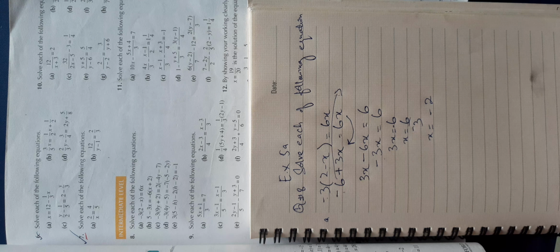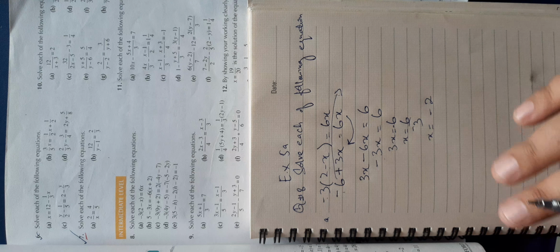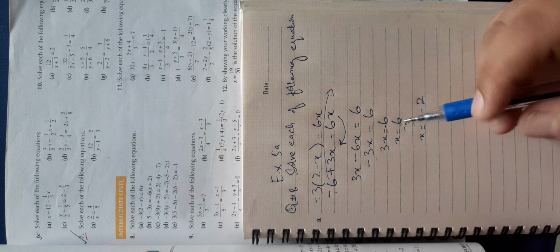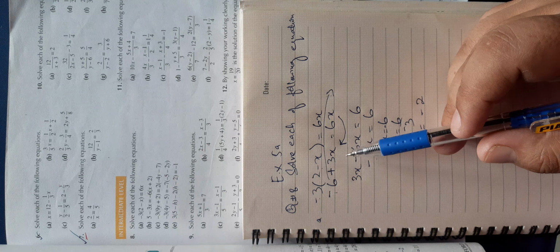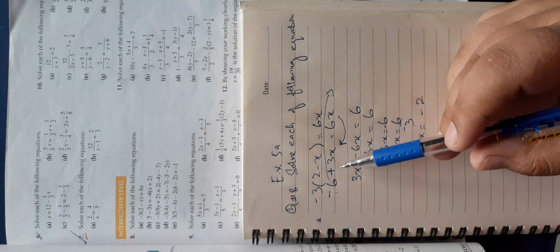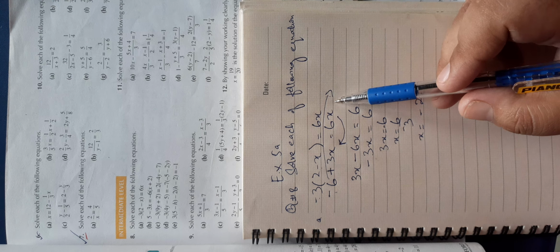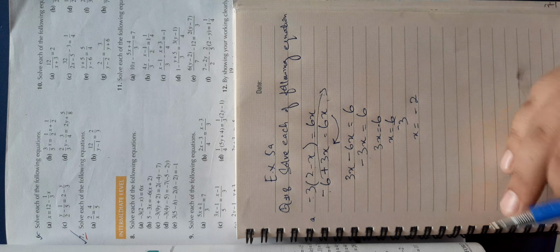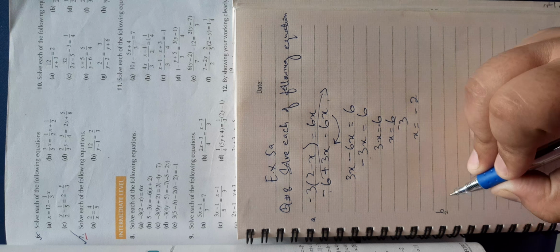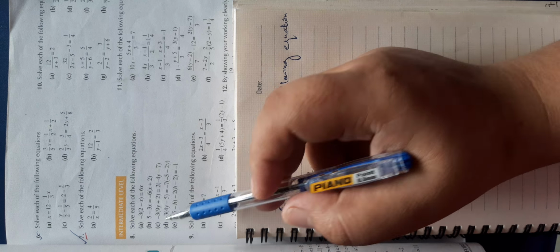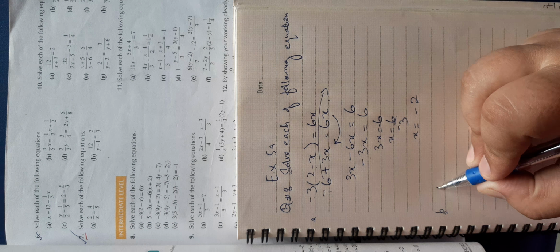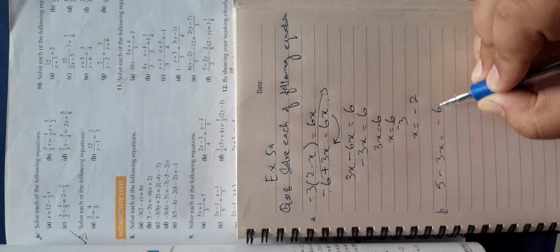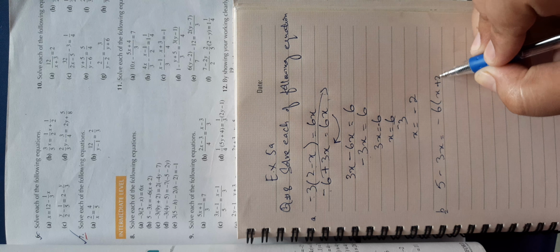It's a very simple question, but you have to practice again and again so you will not forget the steps. Steps are very important. When the variables or constants are moving to the other side of equality, their sign will change. And now we are going to start part B. B is 5 minus 3x equals minus 6 into (x plus 2).